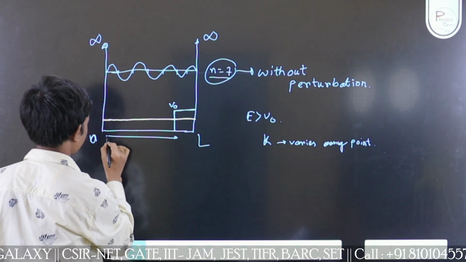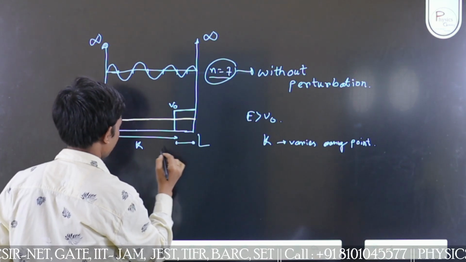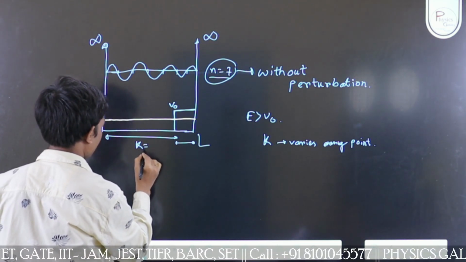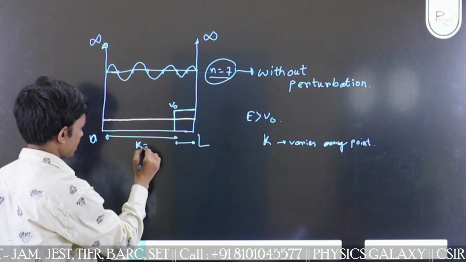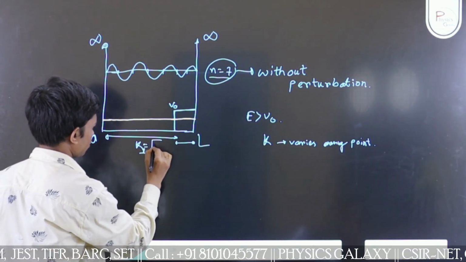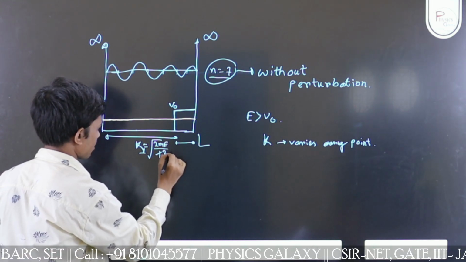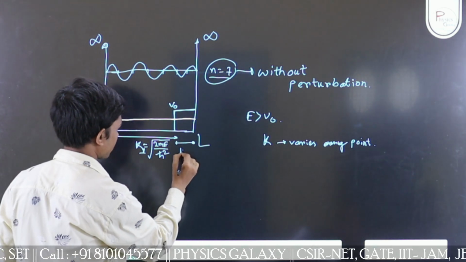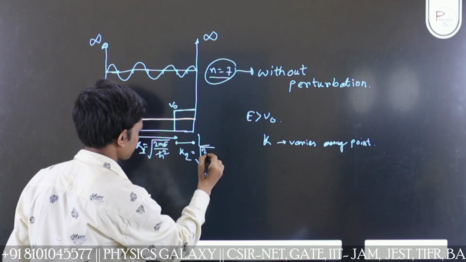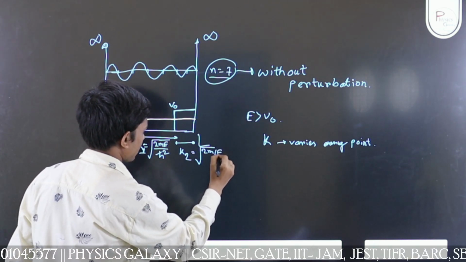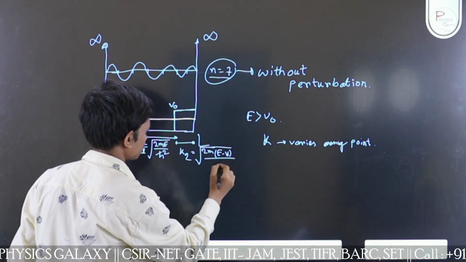For this part k is different, and for this part k is also different. I noted this as k1, which is 2mE by h-bar squared, and in this region I noted k2 as 2m(E minus V naught) by h-bar squared.